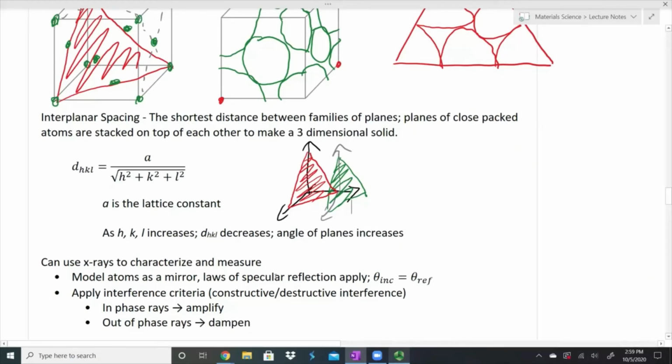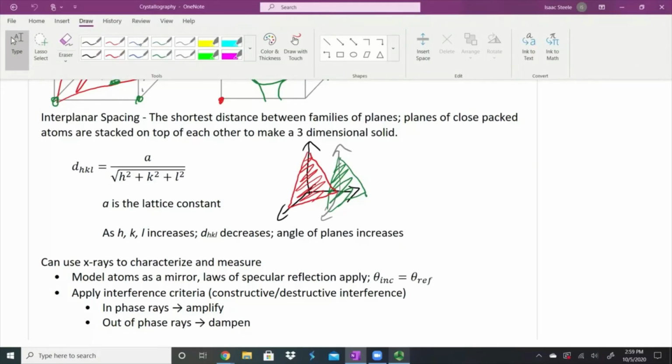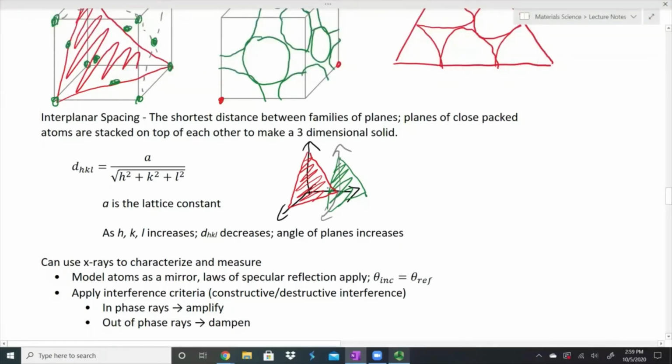But what this d is really looking at is, what's the shortest distance between this red plane and this green plane? And so the shortest distance, and this is going to be really hard to see, I drew it kind of small, but if I took a point, let's say right here on this plane, and I drew a line perpendicular to this red plane, it would end on my green plane right around here.